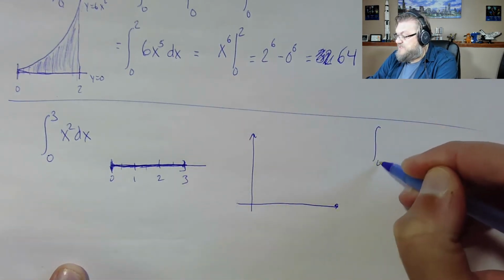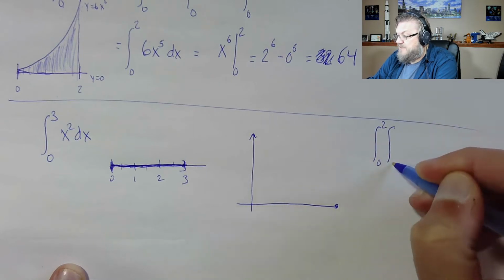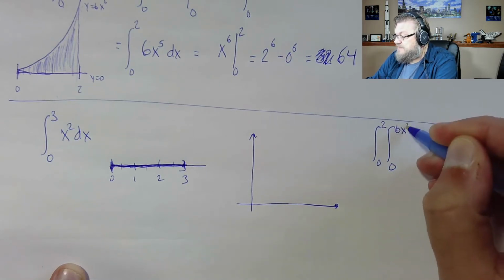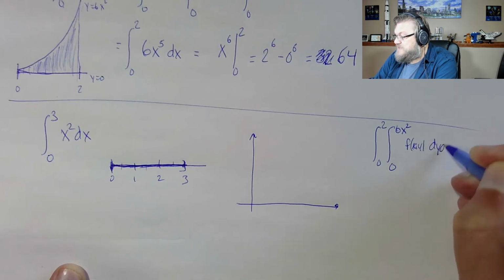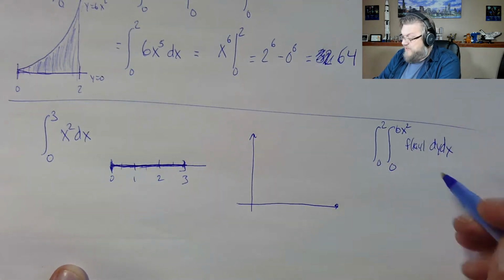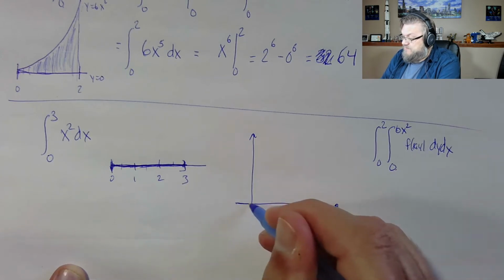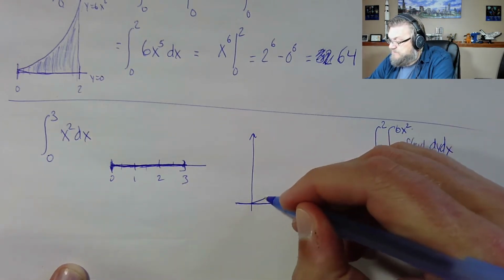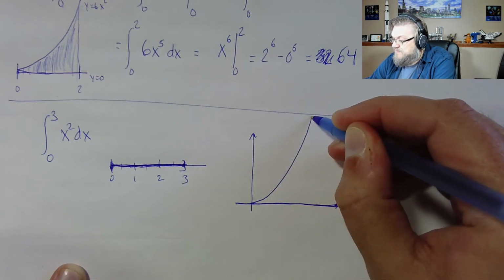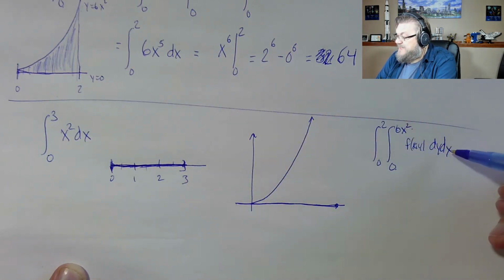So if I'm integrating from 0 to 2 of the integral from 0 to 6x squared of a function f of xy dy dx, I really am going from y equals 0 to y equals 6x squared, right? Which is a parabola. And then x goes from 0 to 2, right?